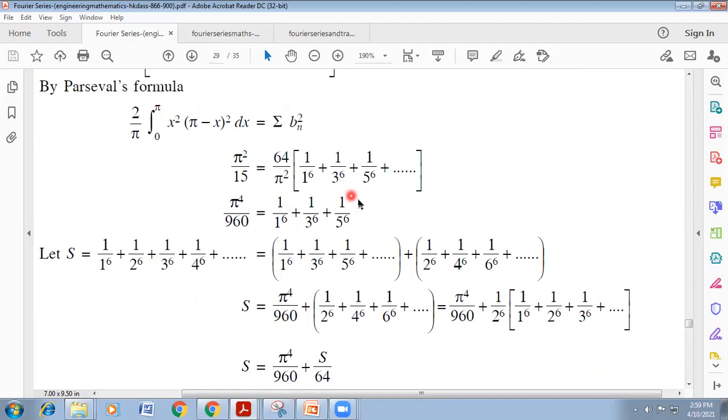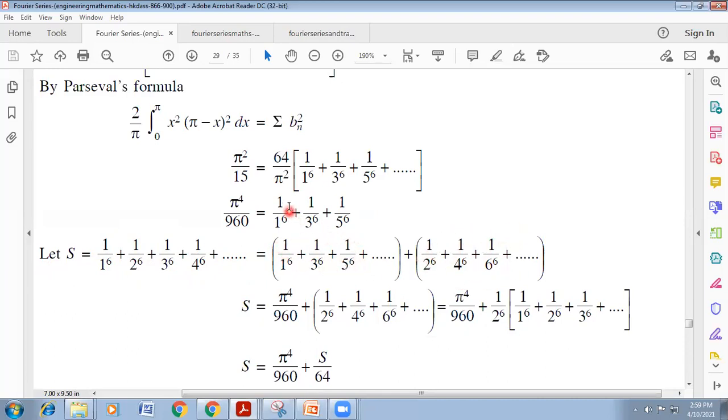Now, this is an infinite series, S equals 1 by 1 to the power 6, 1 by 2 to the power 6, 3, 4, etc. It can be written as just the odd ones and the even ones. Arranging the first series with odd terms, and with even terms we get another series.